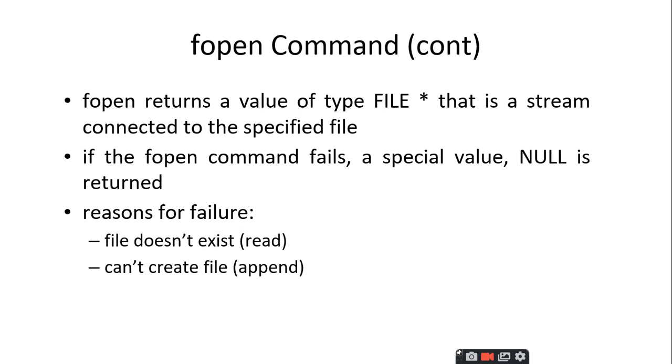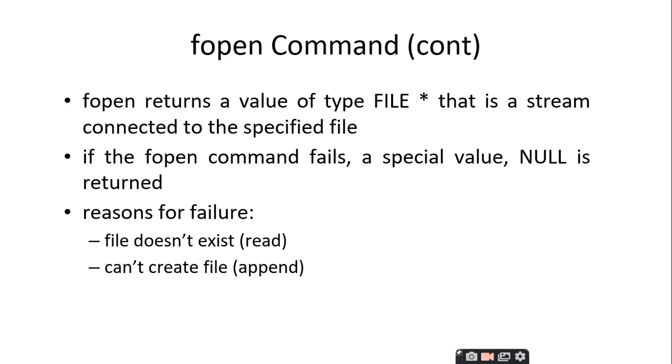And till now we have seen the syntax of fopen, which consists of only two parameters. The first parameter, remember that you should not change the order also, is always the file name, and the second parameter is always the mode. And what happens if the fopen function is executed successfully, and what happens if the fopen fails?